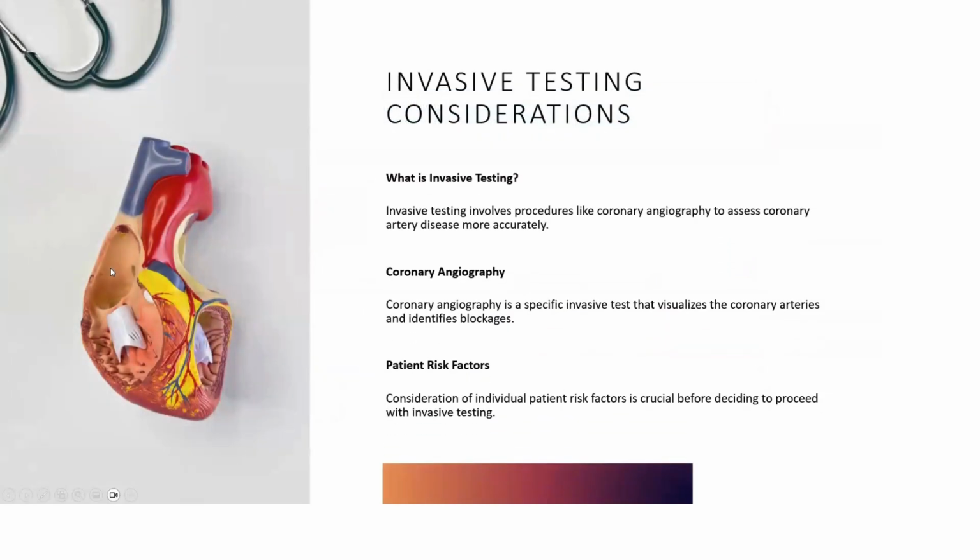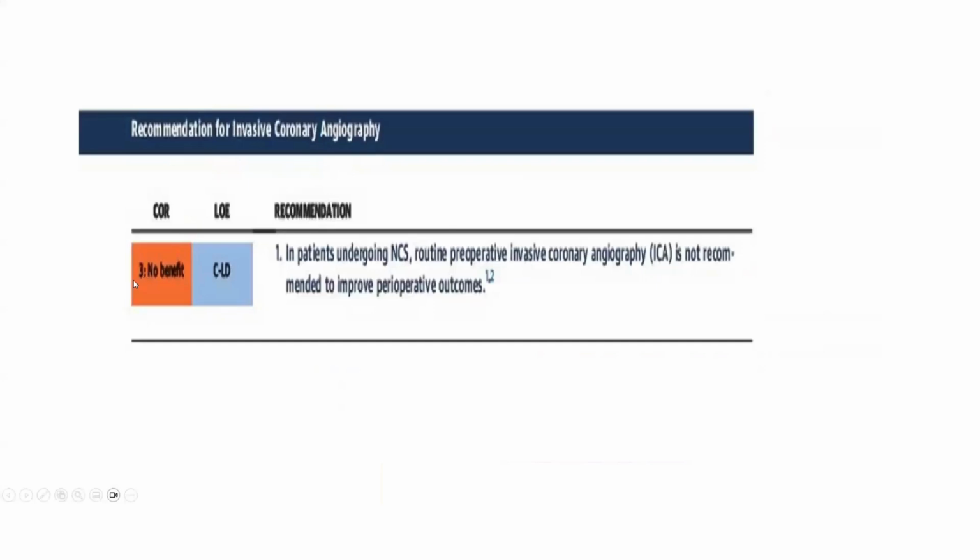Last is cardiac catheterization. And per our guidelines, there is no benefit to perioperative cardiac cath. It's not recommended for non-cardiac surgery. If a cardiac cath should be done, it should be done because there's an indication for the cath separate from the surgery, but not as a risk assessment tool.